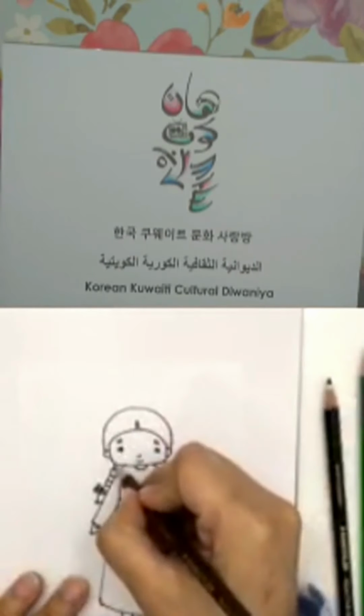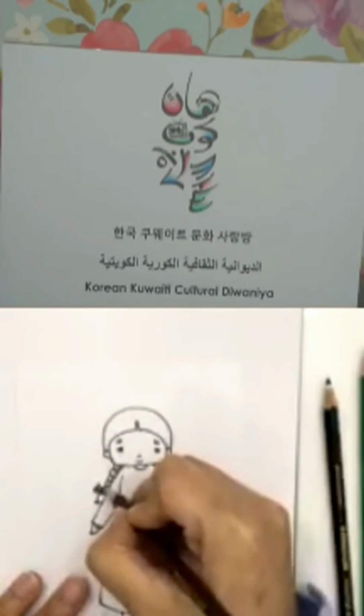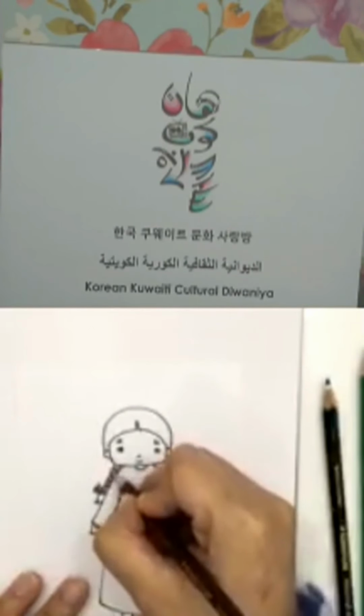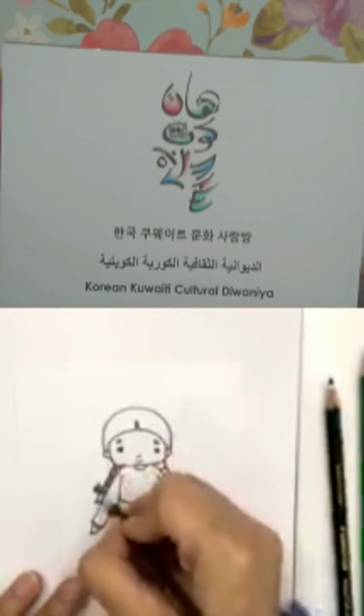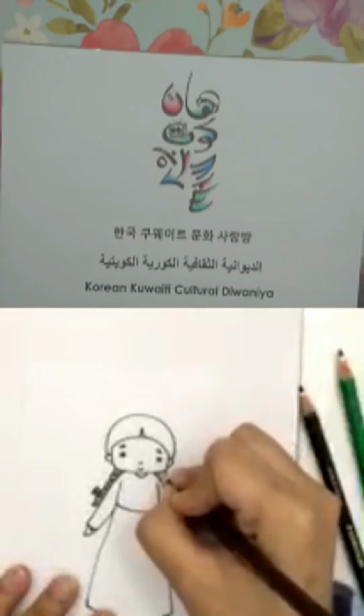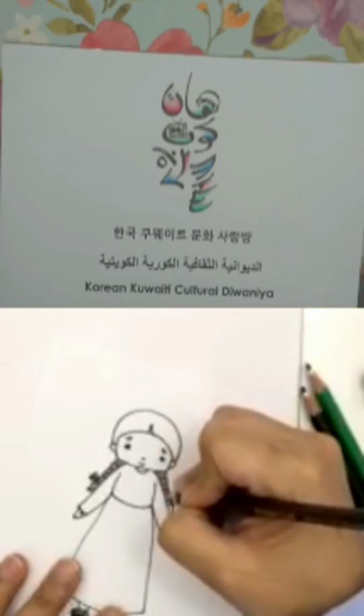Why dark brown? Because a lot of Kuwaiti women like to put henna in their hair. So it will have a red haze to it. And also, there are some Kuwaitis with different hair colors. Not much, but there are. So we're going to color it.